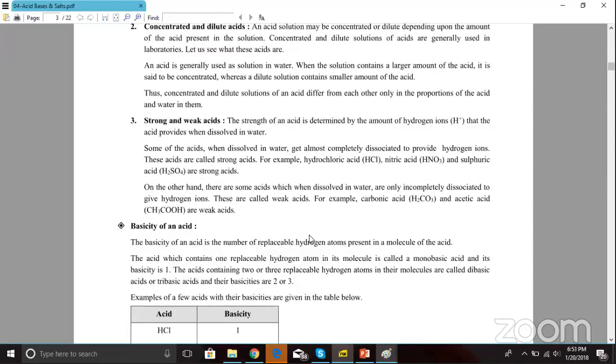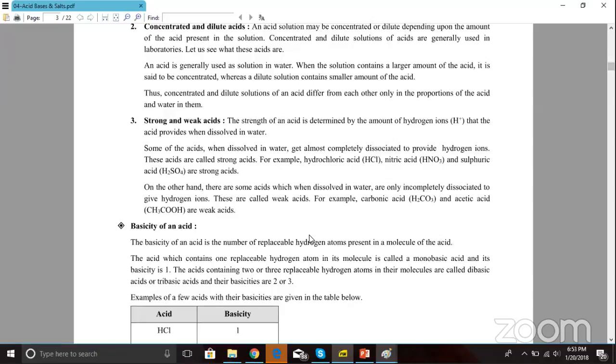Strong and weak acids. This is based on whether the acid can give complete H plus when dissolved in water; that we call a strong acid. Weak acids give H plus ions only partially when dissolved in water.